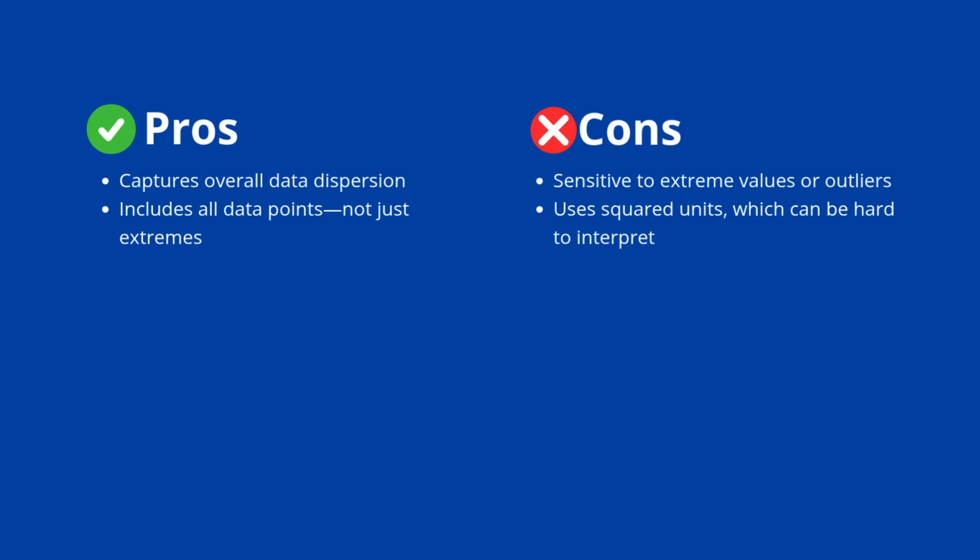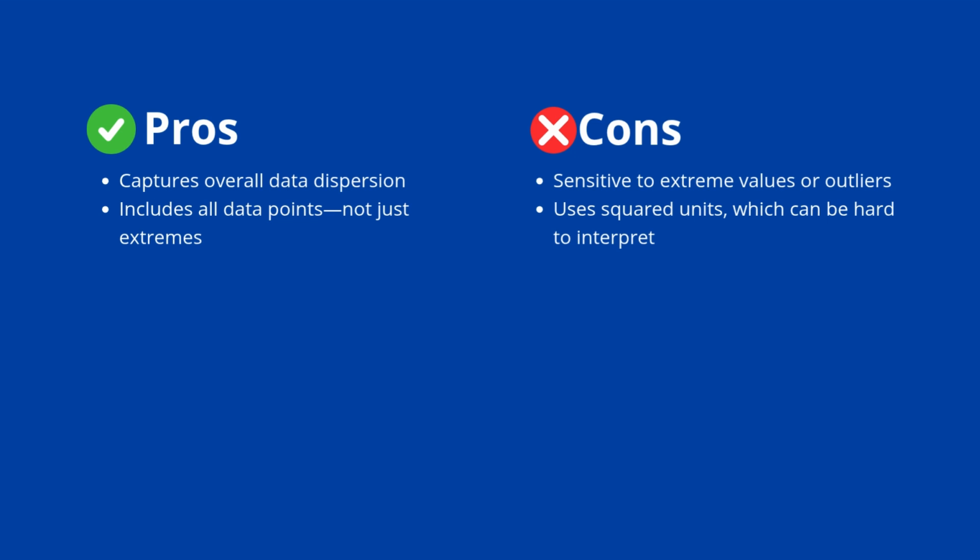It is sensitive to extreme values or outliers. It also uses squared units. That means if your values are on a 0 to 10 scale, it will give you something like 50 or 60, or around 100, which is not on a 0 to 10 scale, it is more like a 0 to 100 scale. That's why that's a con. You can't interpret it directly with your values.